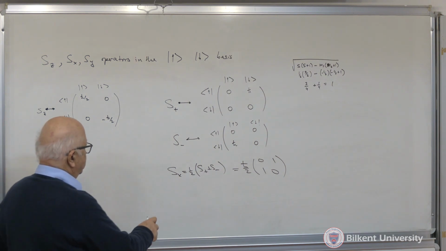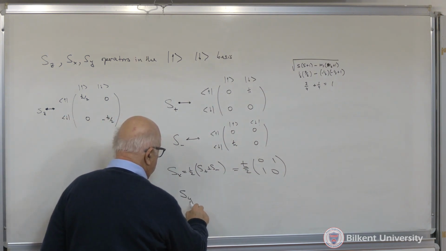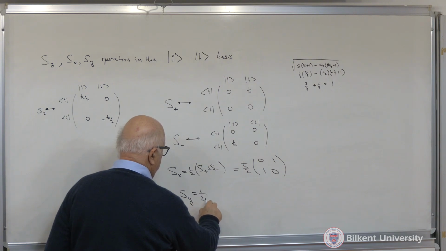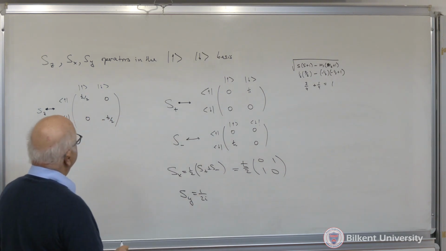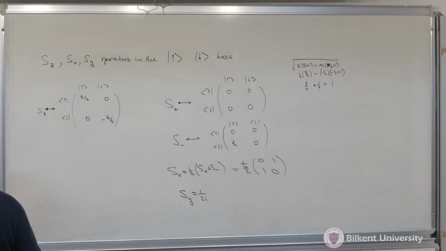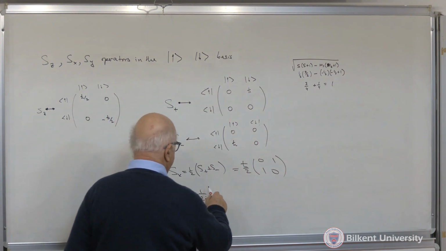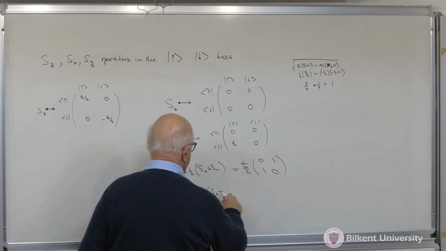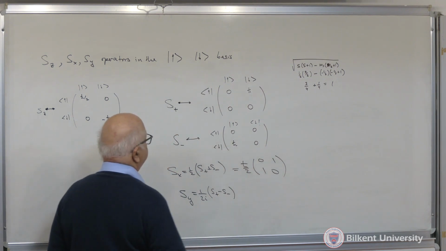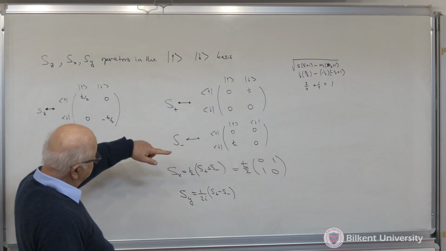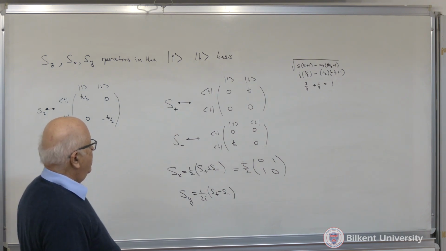Okay, Sy is 1 over 2i, because now I have to cancel the i as well, wherever it is. S plus minus S minus. So I subtract this from that and divide by 2.